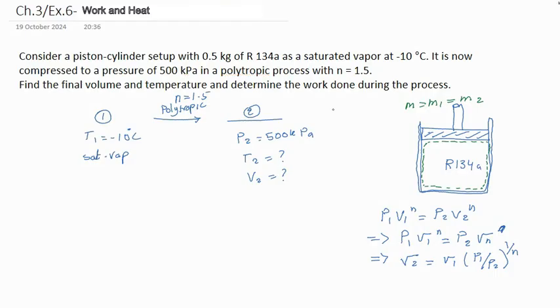As for determining the work done, this can be done in a straightforward way using the relation of work as a function of pressures and volumes and the value n, which we will calculate in a minute. Now let's calculate the specific volume and the pressure for state 1 using table B5.1.